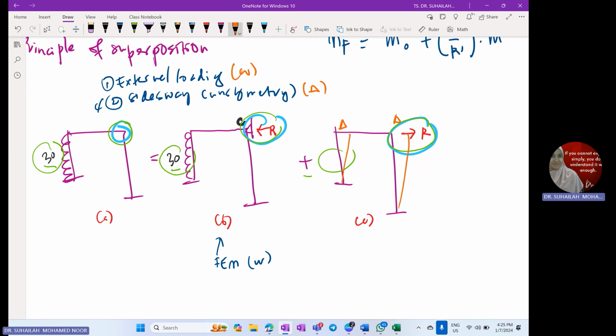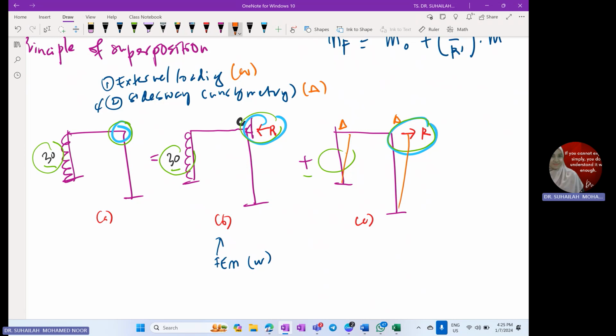In diagram B, we can calculate the FEM because W is given. W is 30 kilonewton per meter. But delta in diagram C is unknown. When delta in diagram C is unknown, that is the reason why we cannot combine FEM in one table.